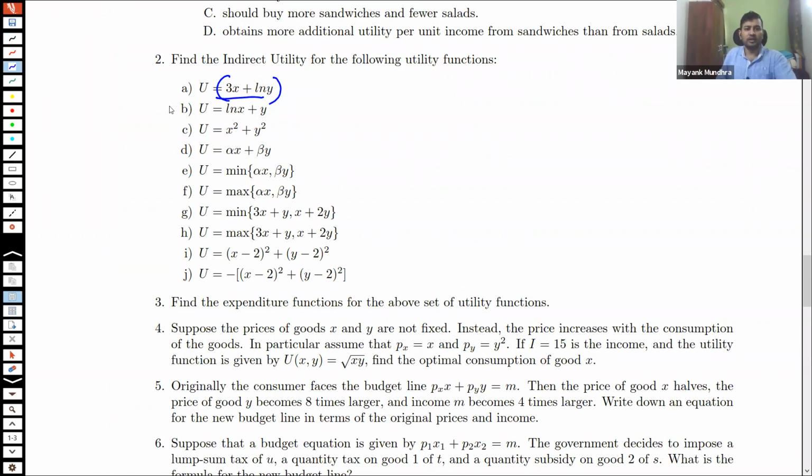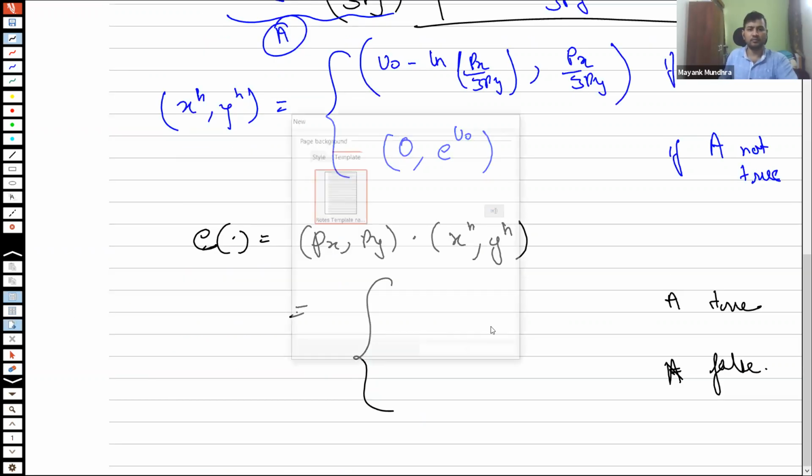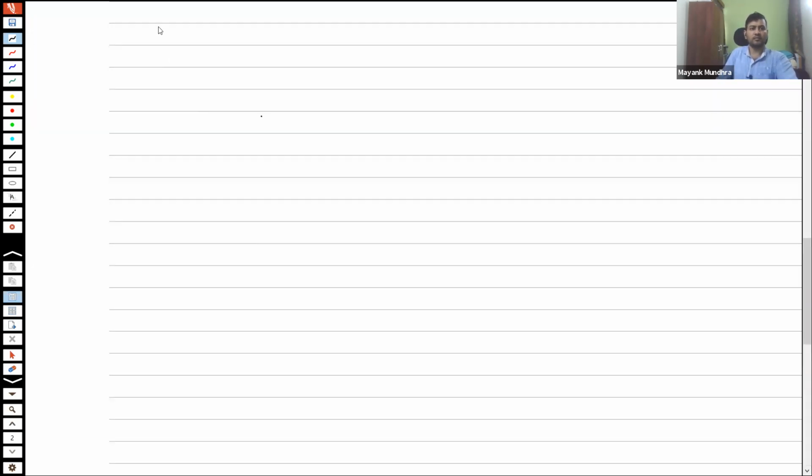What other question do you want me to do here? E, okay, utility equals min of alpha x comma beta y. This is very straightforward.